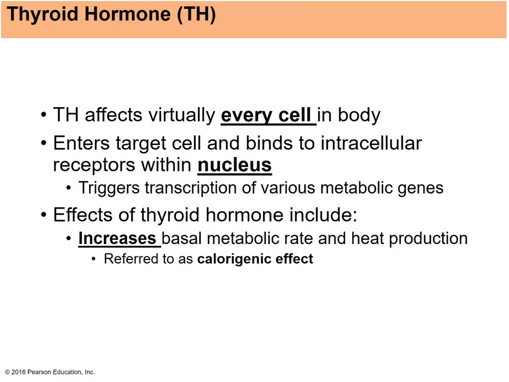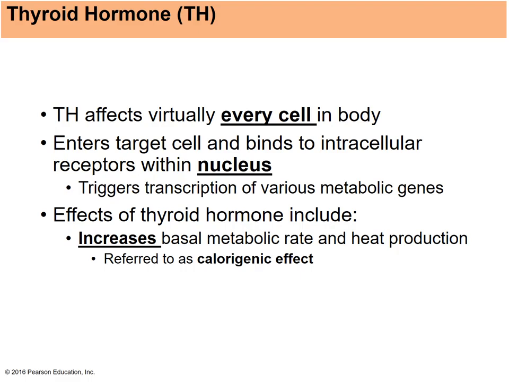The thyroid hormone is going to affect almost every cell in the body. Just about all cells are target cells. They have receptors that will bind the thyroid hormone. The hormone initially has to bind to the cell and then get inside, and then will bind with the nucleus. It will help increase the metabolism or the metabolic rate.